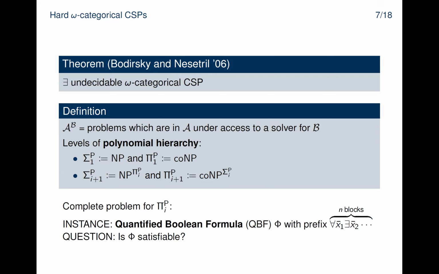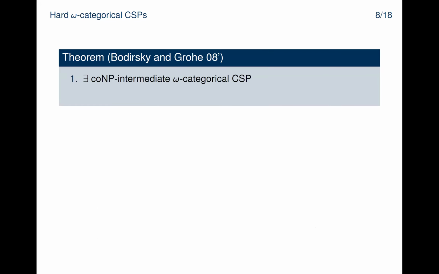So for all x1 exists x2 such that some Boolean expression should be satisfied. And now if we restrict the quantifier prefix to n blocks of alternations, such that the prefix starts with a for all quantifier and has length n, then this would be a natural problem for pi p n. So I see that here I have index i, this should be an n. So satisfiability of such formulas is a natural complete problem for pi p n.